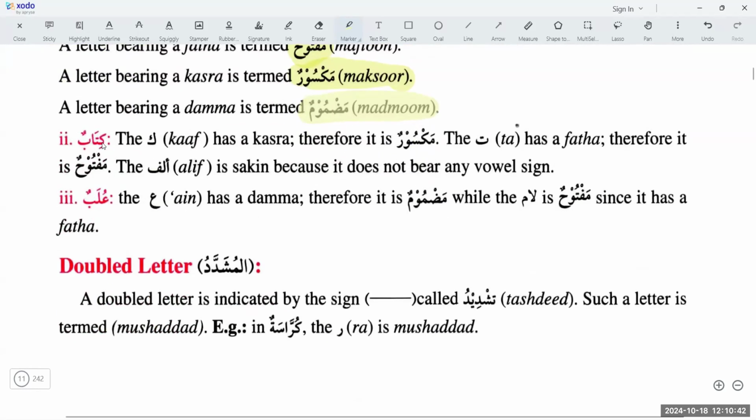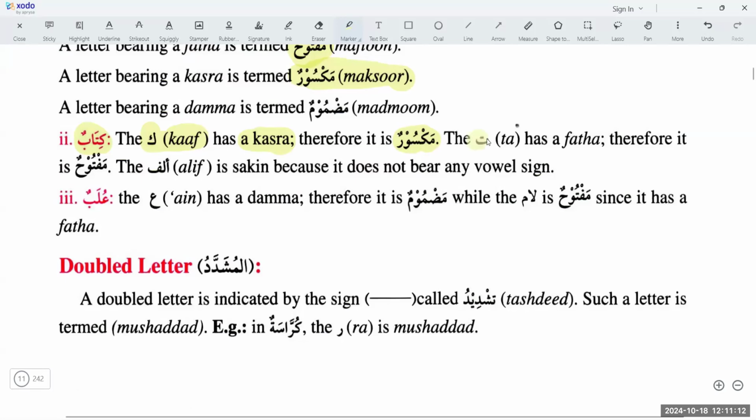Okay, kitabun, it is an ism. Kaf has a kasra. Kaf is bearing a kasra. Therefore, it is maksurun. The letter kaf of kitabun is bearing a kasra, so we will term it maksurun.